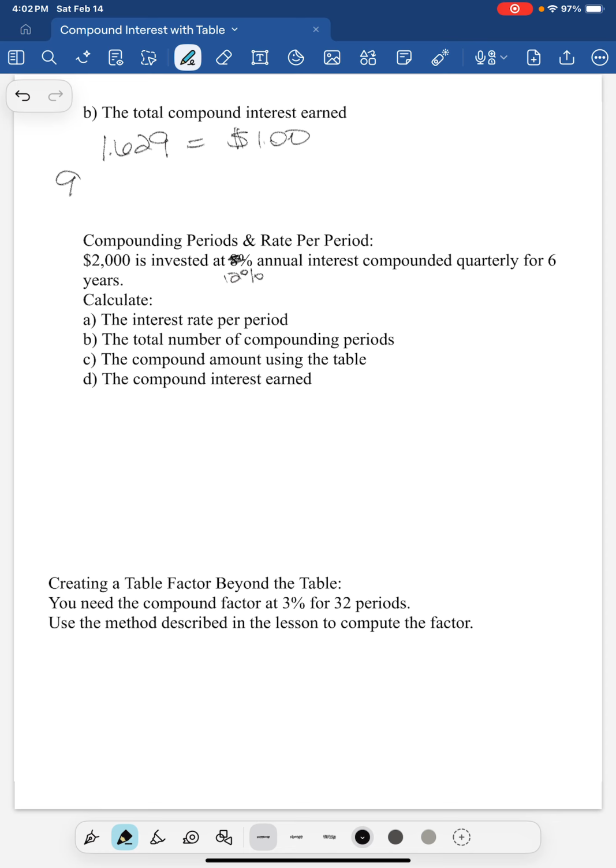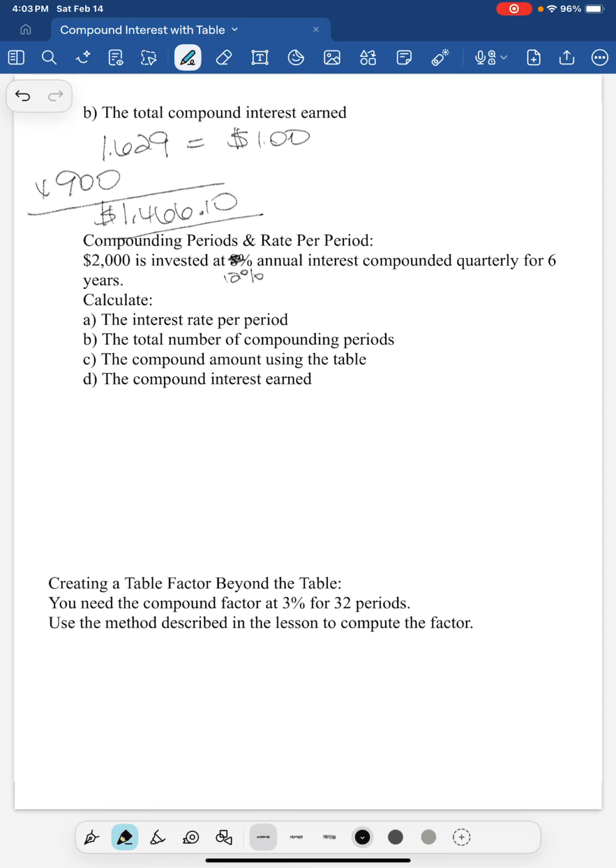But we have $900. But all we have to do to find the compound amount is multiply those two together, and we have 1.629 times 900, and we get $1,466.10, okay?